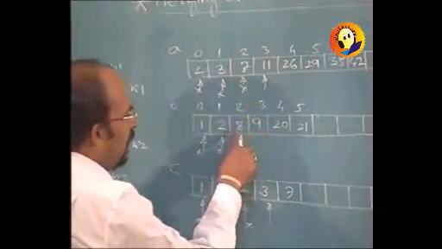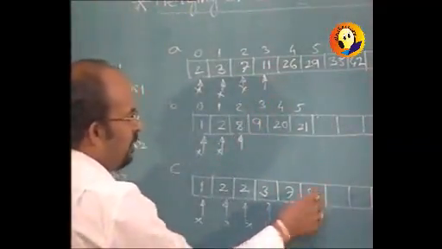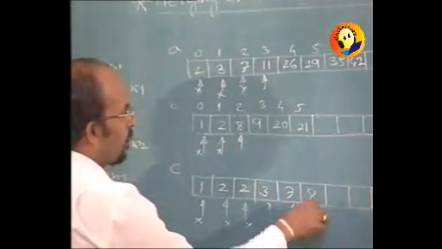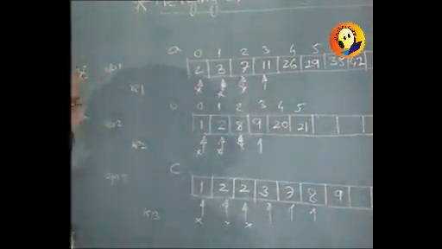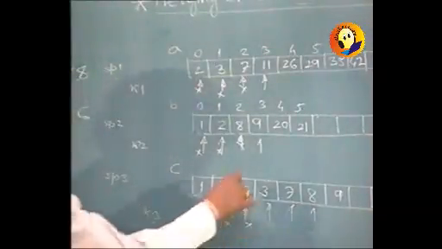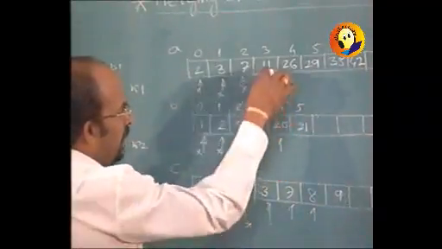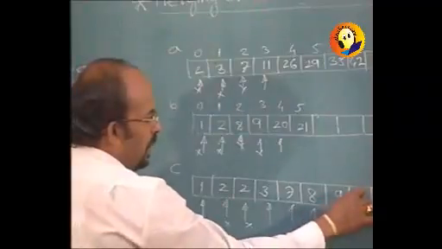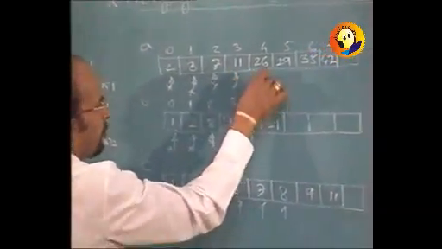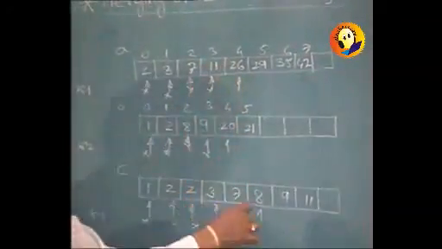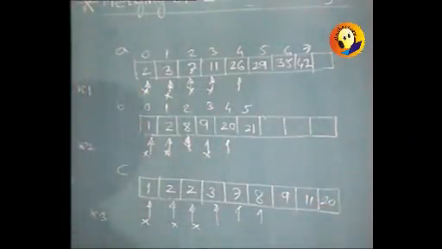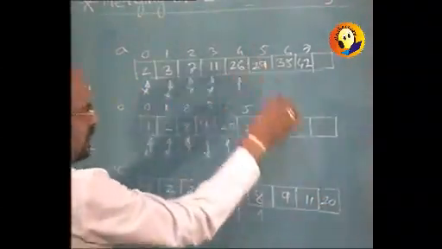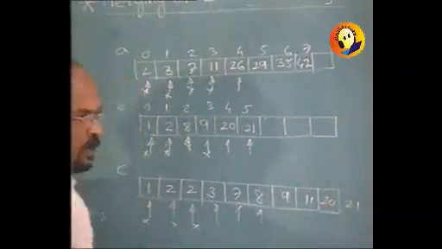Then 8 and 11, 8 will be copied. 9 and 11, 9 will be copied. 11 and 20, 11 will be copied. 20 and 26, 20 will be copied. 21 and 26, 21 will be copied.